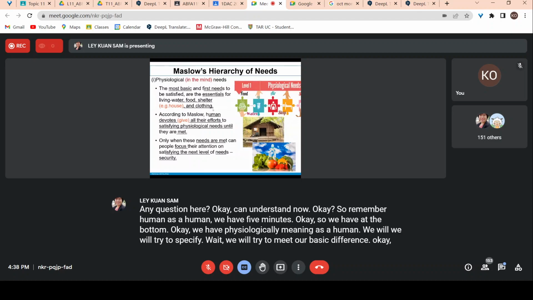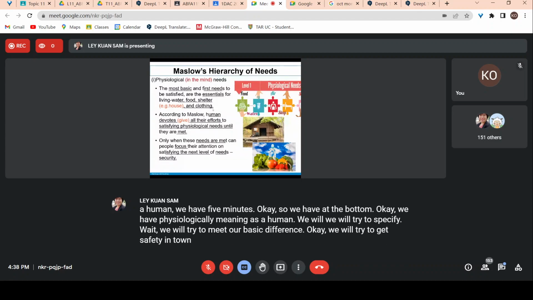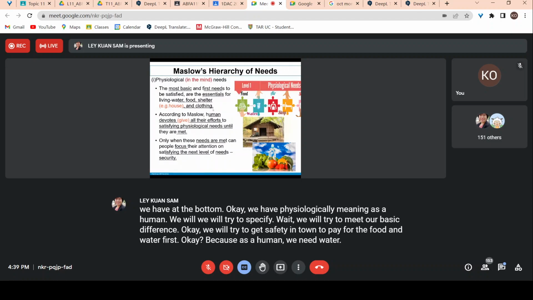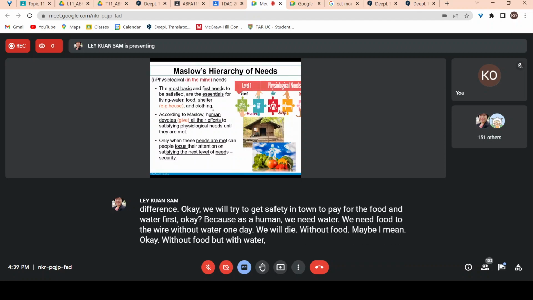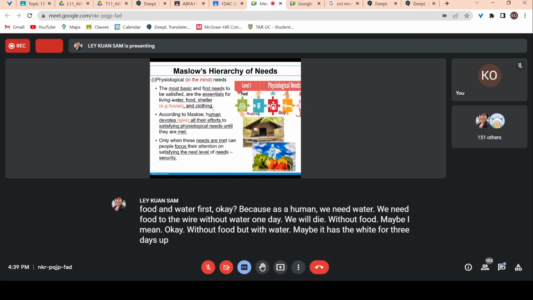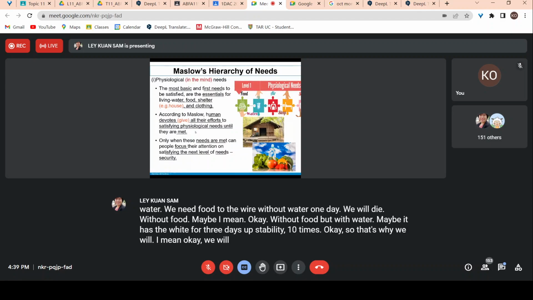We will try to get steady income to pay for food and water first, because we need water and food to survive. Without water, in one day we will die. Without food, but with water, maybe we can survive for 3 days, then die. So that's why we will devote all our effort to satisfy this one first.